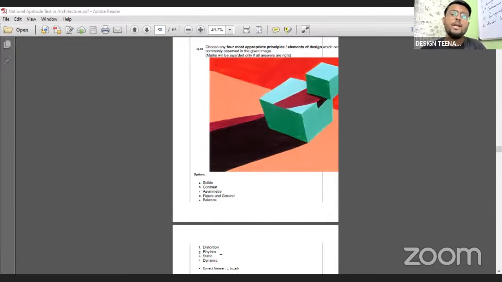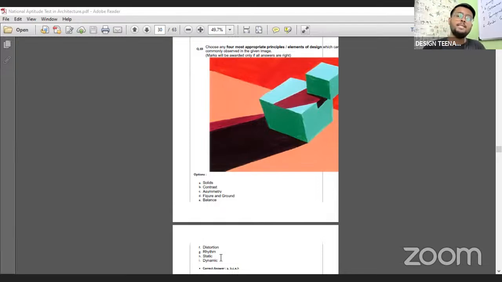Now see, figure and ground and balance, we were kind of inclined towards them. Why balance also? I skipped it because over here we have already selected asymmetry. If I have asymmetry and balance in one single composition, I should be in doubt about what balance means. Because when we talk about balance, the very simple thing that comes to the back of our mind is symmetrical balance or a stabilizing thing.